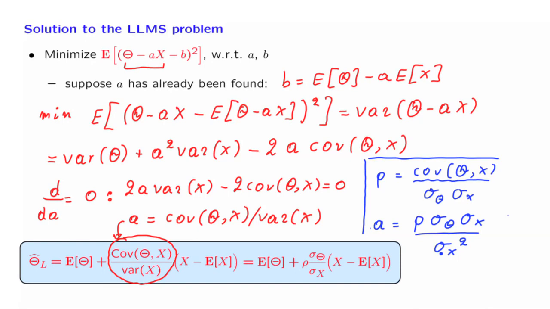Once we know what a is, we know what b should be equal to, so we have solved the problem, and here's the form of the solution.